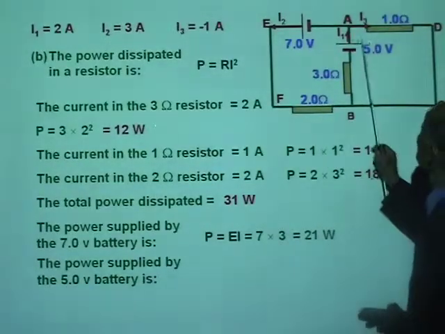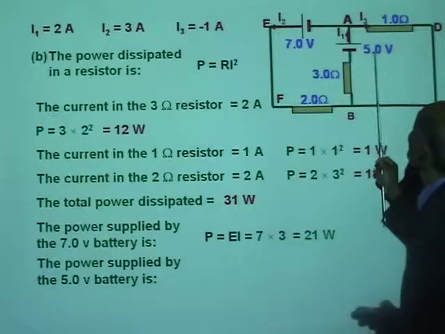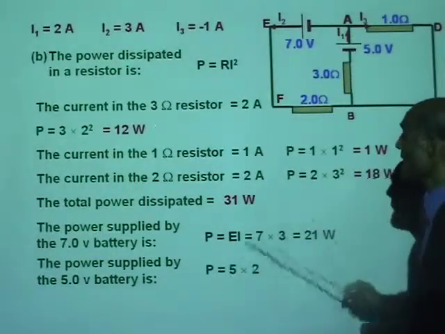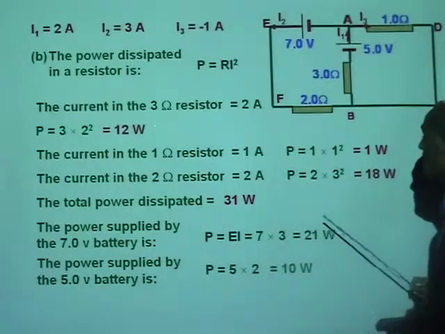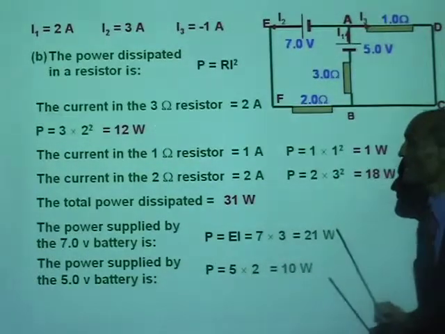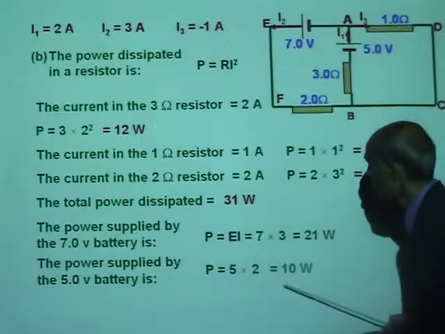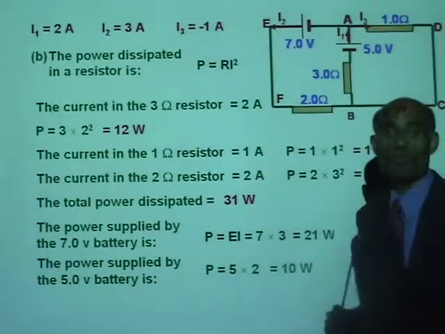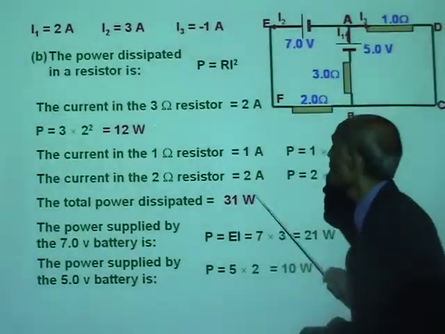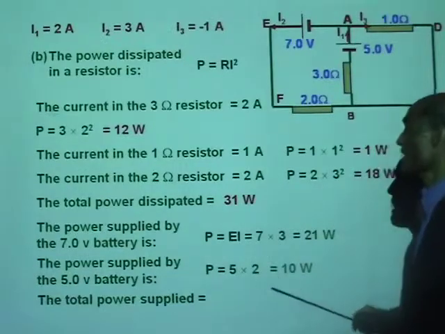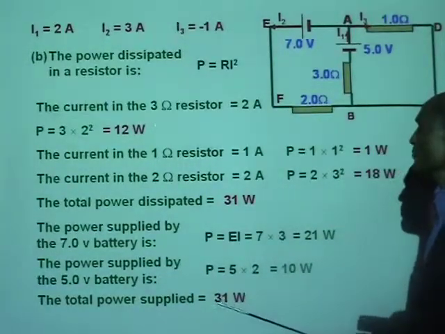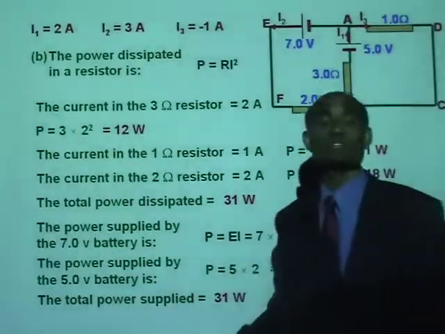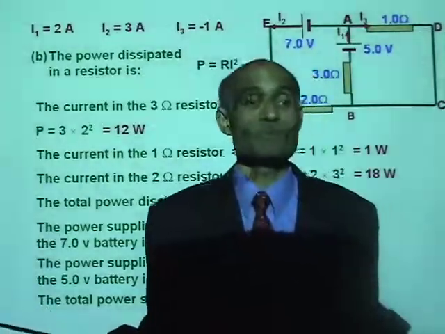And the power supplied by the 5 volt battery is 5 times I1, 5 times 2, that is 10 watt. You can see 21 plus 10 is 31. The total power supplied is 31. The total power consumed is 31. The total power supplied equal to 31 watt is equal to the total power consumed.